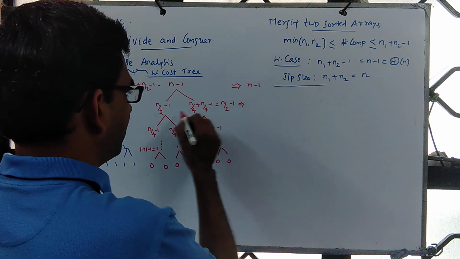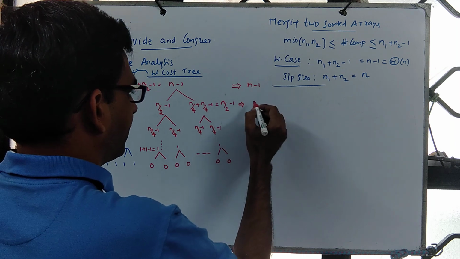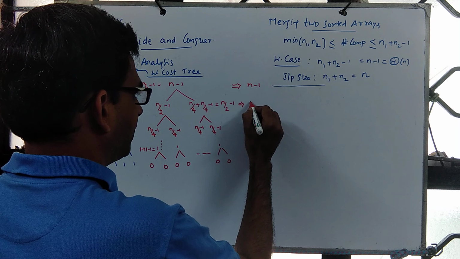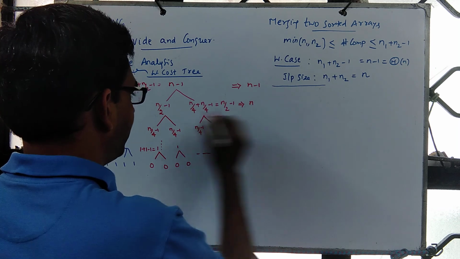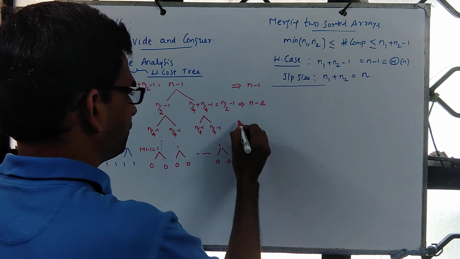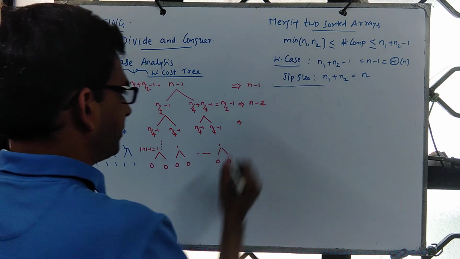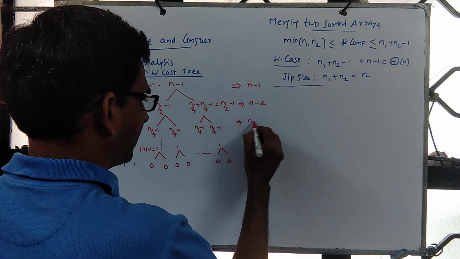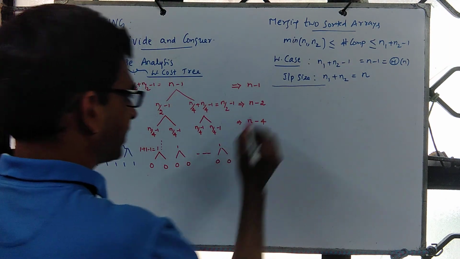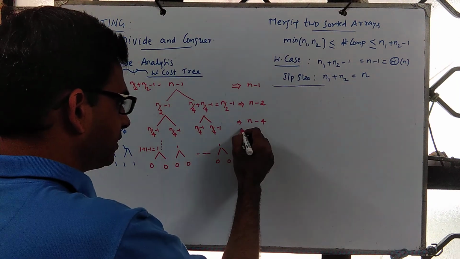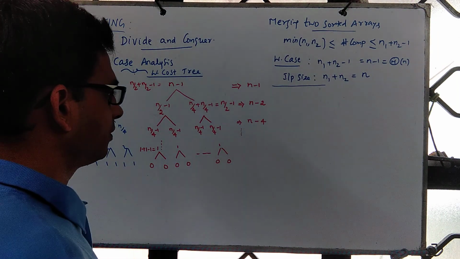So from this level it is n by 2 minus 1 and n by 2 minus 1, which is n by 2 plus n by 2 minus 2 or n minus 2. So from this level if you see, we see n by 4 4 times and minus 1 4 times. So like that it keeps going down.